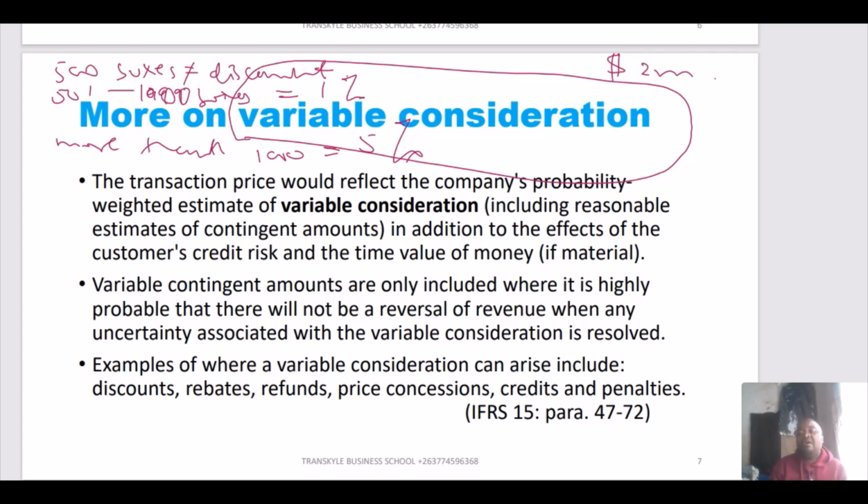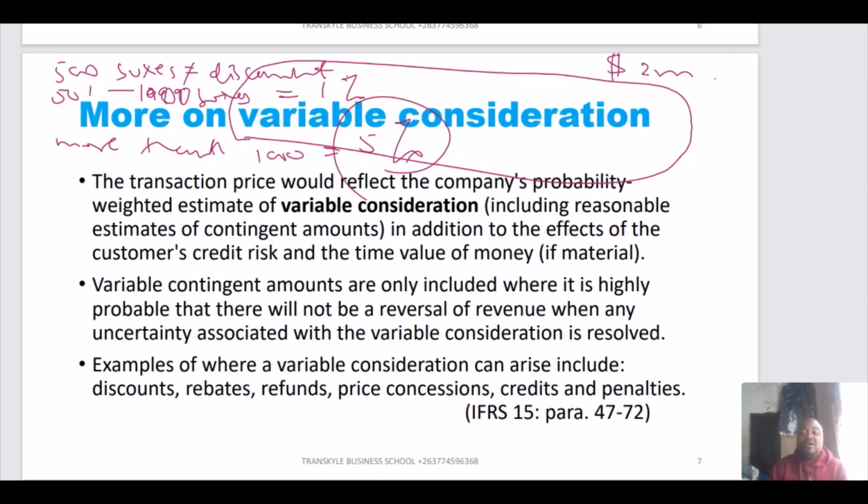Because there is now a probability that they can reach a 5% discount. So we then have to use the weighted probability, or the probability theory, to say, okay, maybe there is an 80% chance that they are going to meet the 5% threshold, or there is a 2% chance that they are going to meet the 1% threshold, and so forth. So when we are using issues to do with probability, then we can say that there is an aspect of variable consideration.